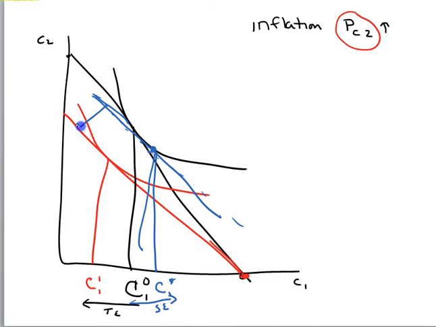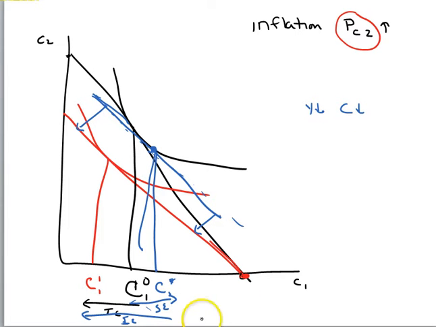But when I have any price increase, I have a decrease in real income. So this income effect goes in the opposite direction. An increase in prices decreases real income. If real income decreases and consumption is a normal good, I will see a decrease in consumption.